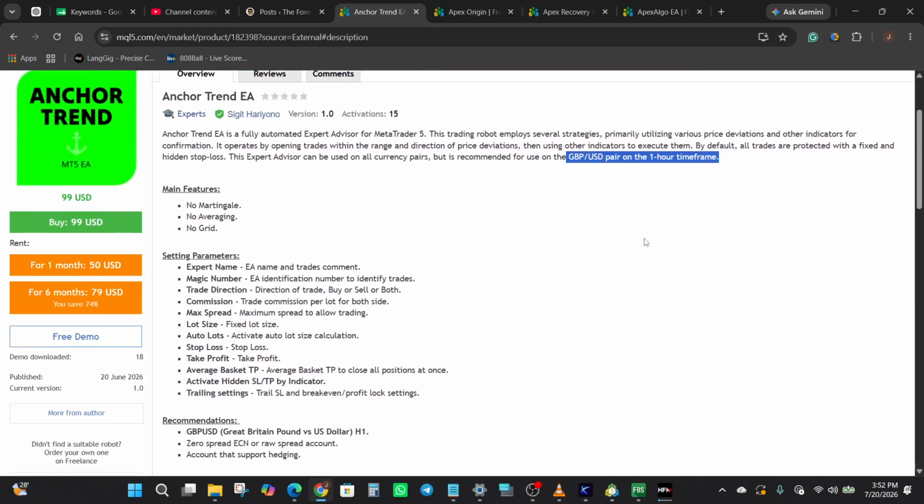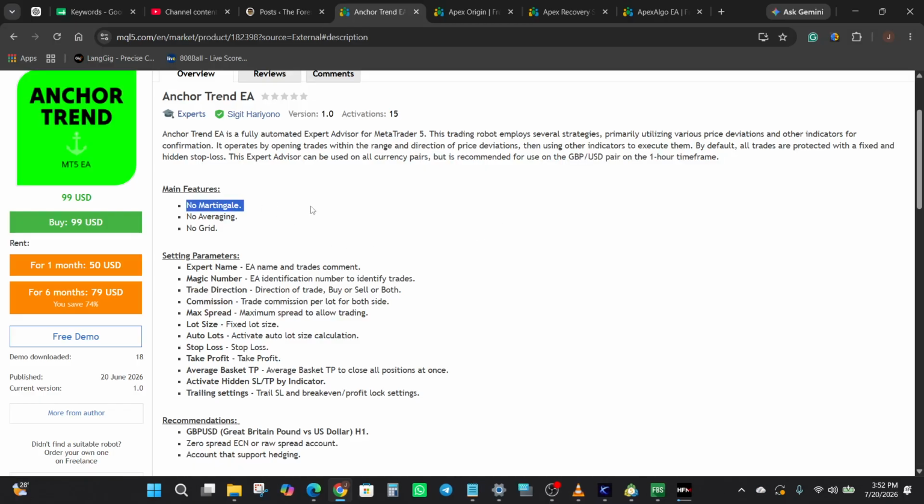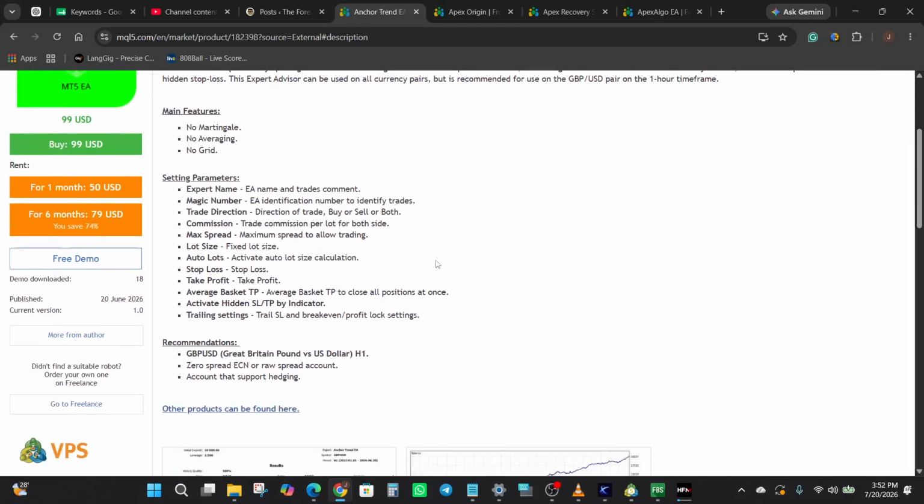Now, going through the main features, the listing directly states no martingale, no averaging, and no grid. Certain parameters include trade direction control, a maximum spread filter, fixed or auto lot sizing, stop loss and take profit, an average basket take profit to close all positions together, and trailing and break-even settings.